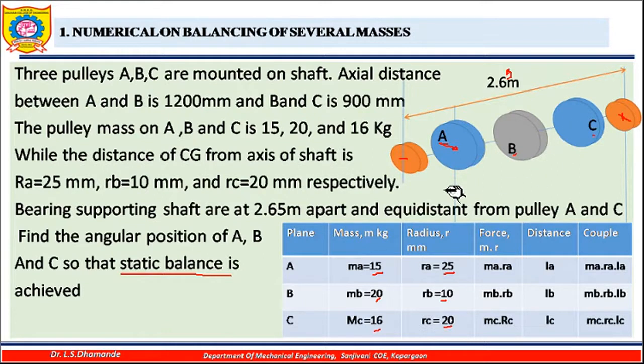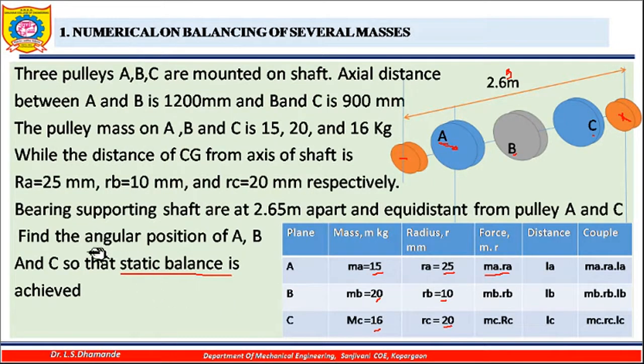When you draw the forces as vectors, they have magnitude and direction. The magnitude you get as the product of the mass and the radius, and the directions can be calculated by considering the static balance.